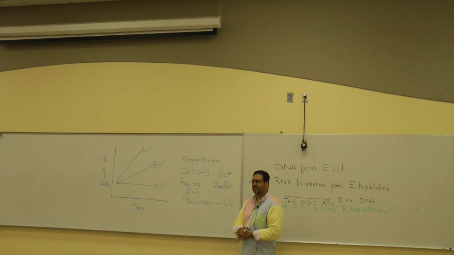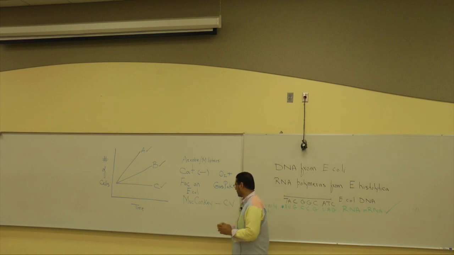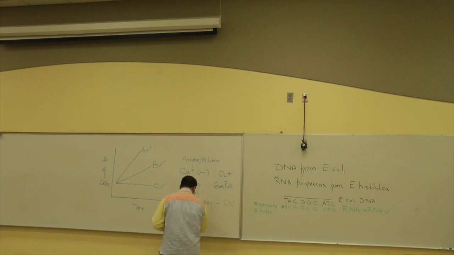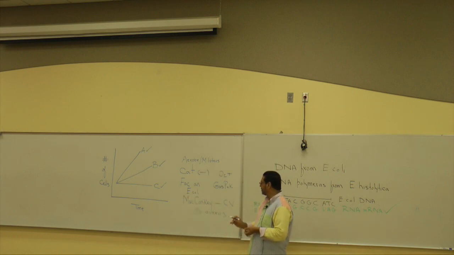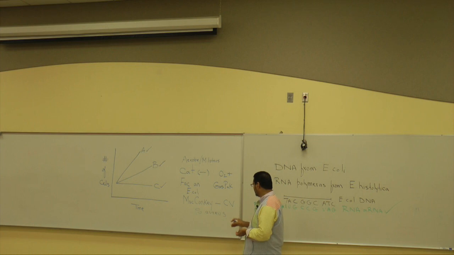MacConkey minus CV. MacConkey minus crystal violet. Staph aureus. Which line shows the growth of Staph aureus on MacConkey without crystal violet?